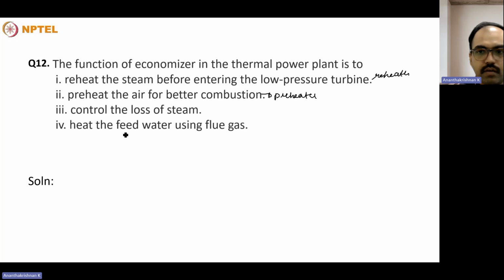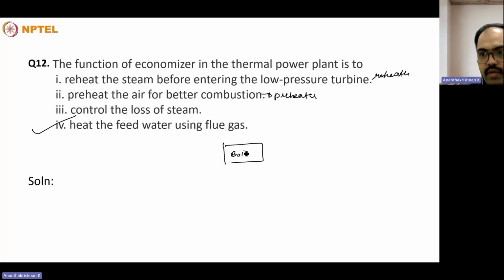Heat the feed water using flue gas. We have seen in that question the numerical problem. The economizer is the immediate predecessor to the boiler, where the flue gas exiting the boiler will be used to preheat the water that will be coming out of the pump.